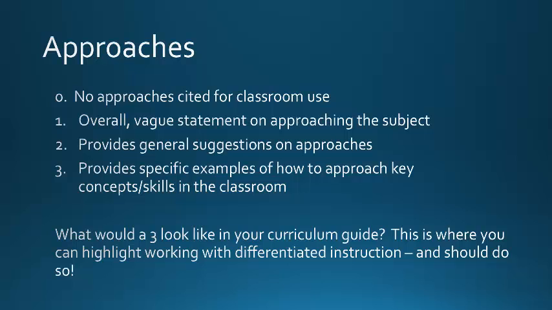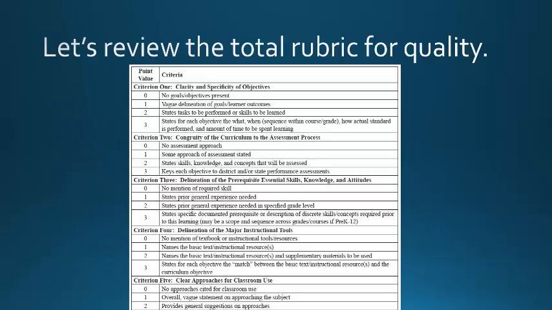So what would a 3 look like in your curriculum guide? Again, this is where you can highlight working with differentiated instruction, and I encourage you to do so. Okay, so now that you have finished the 5 different areas within the curriculum guide, this is a total, all the criteria together and the 4 ratings under each of the criterion.